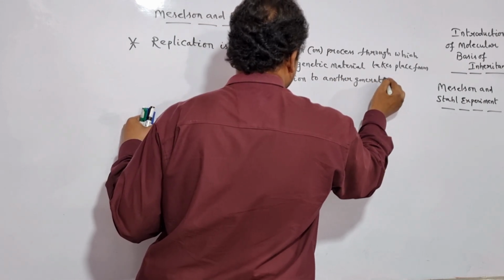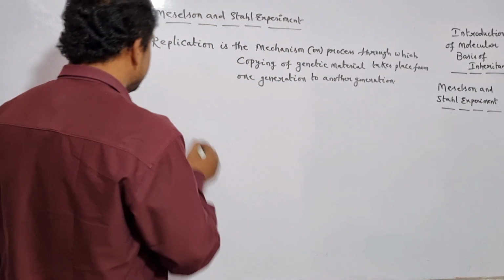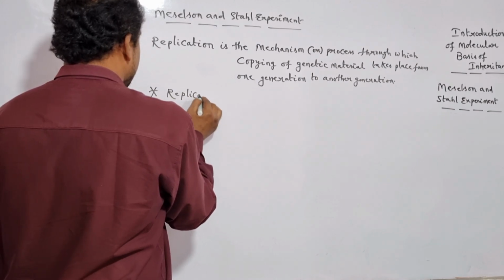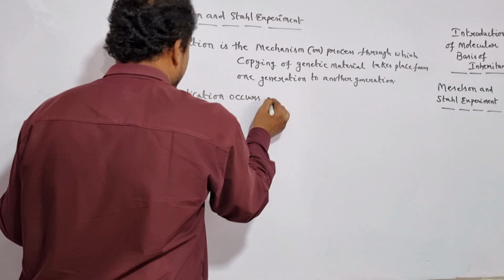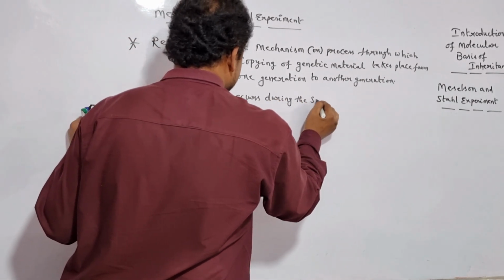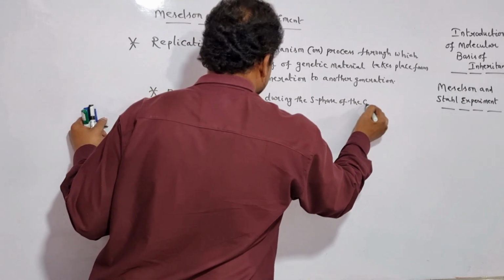And most commonly, the mechanism of replication occurs during the S phase of the cell cycle. Replication occurs during the S phase of the cell cycle, right?